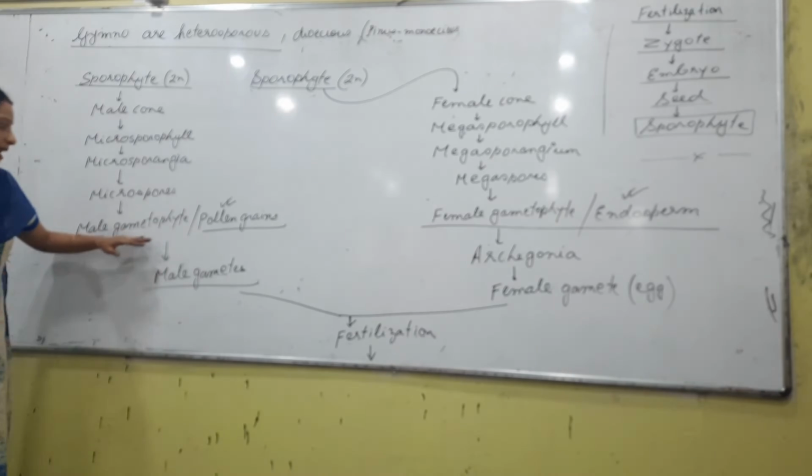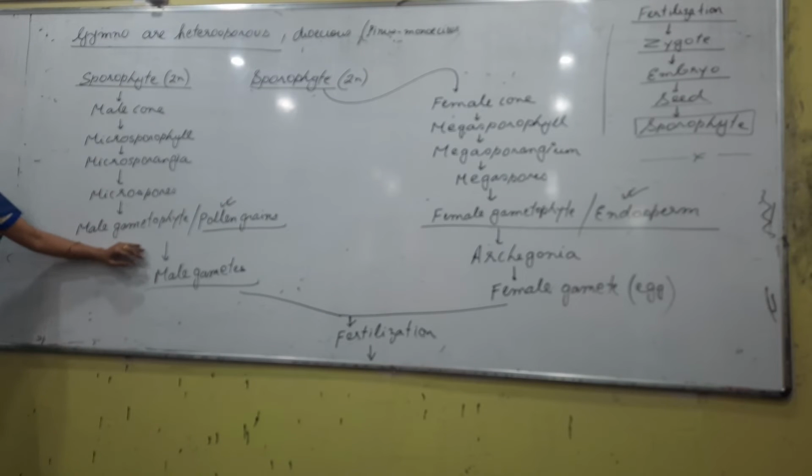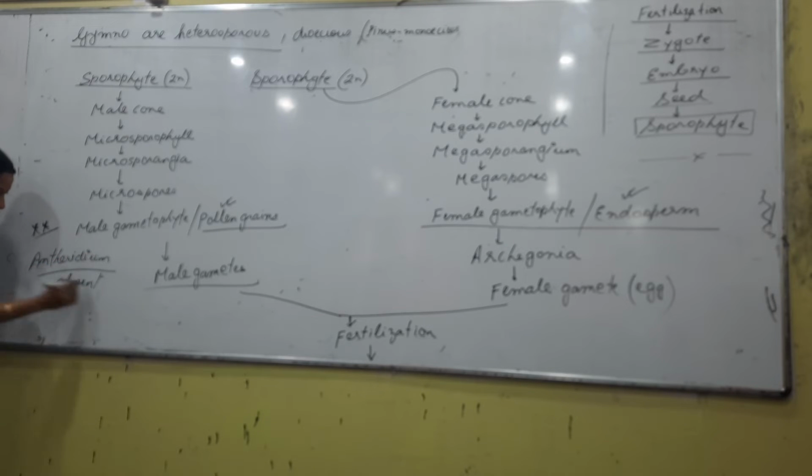Talking about the male gametophyte, normally in the case of bryophytes and pteridophytes, we have seen the development of the male gametophyte. The gametophyte has sex organs. What is the male sex organ? It's called the antheridium. Is the male sex organ present in gymnosperms?